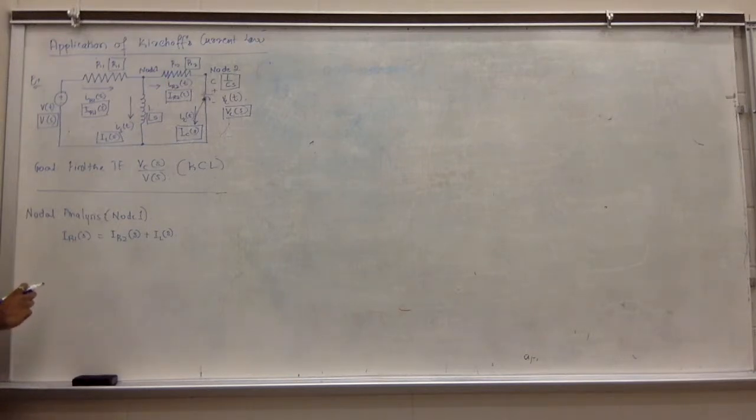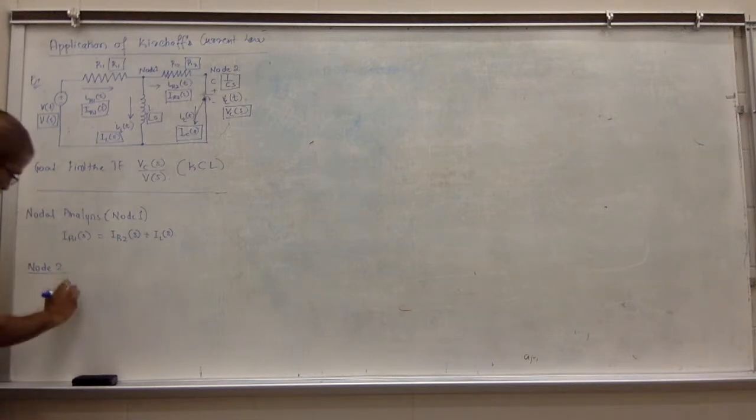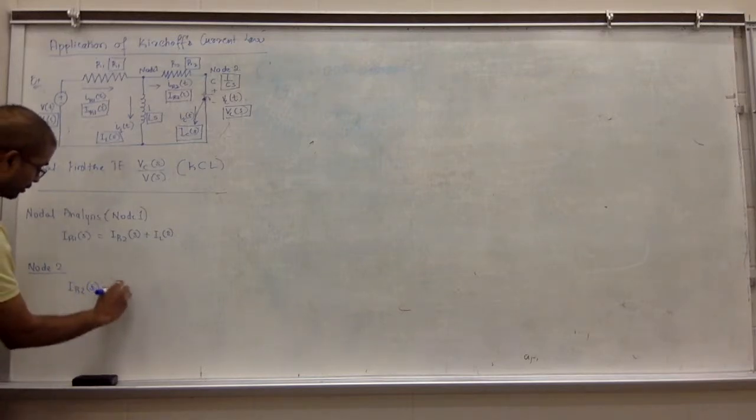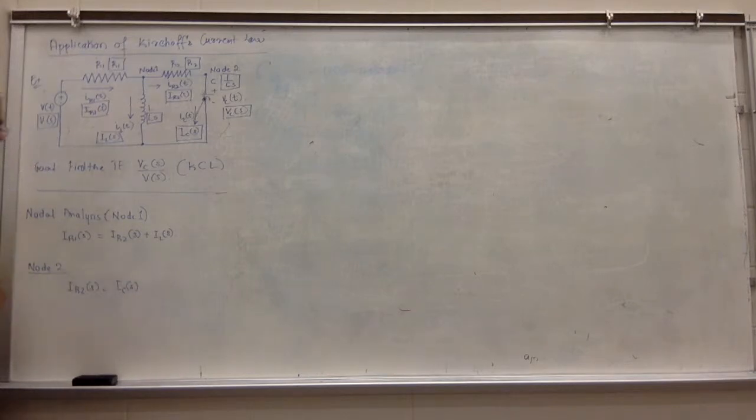So what you need to do here is, let's also do node 2. Node 2 is simply IR2 of S equal to IC.